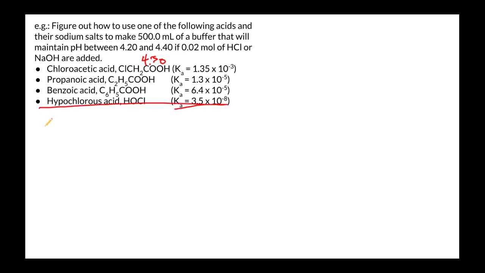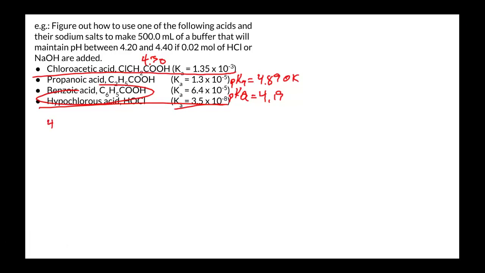This would be a bad choice. That would probably be a bad choice. Let's look in more detail here. pKa for this acid is 4.89. That would be okay. pKa for this acid is 4.19. That's probably our best bet, is to use benzoic acid and sodium benzoate.